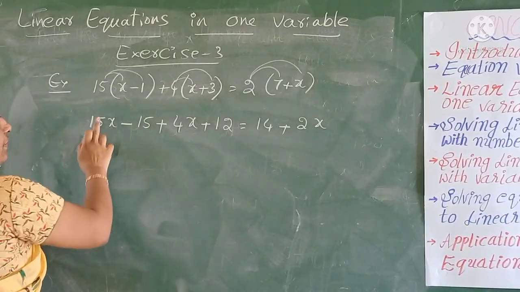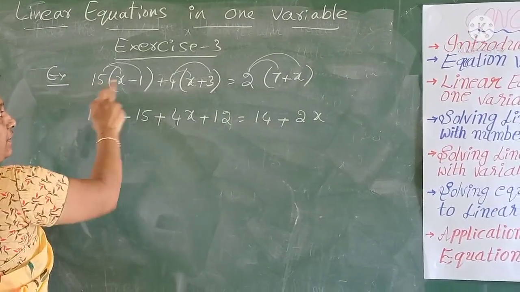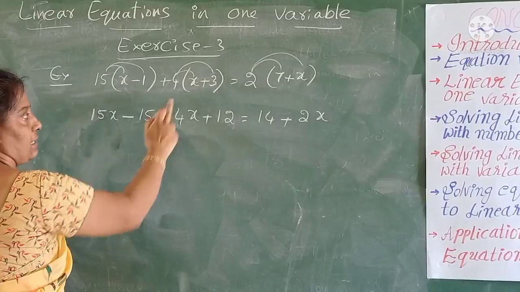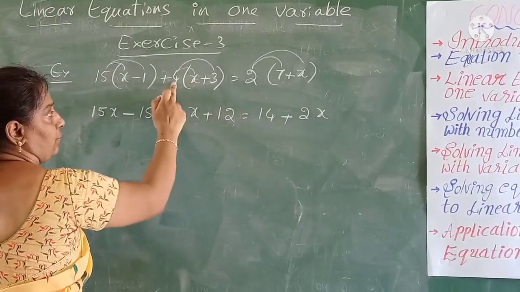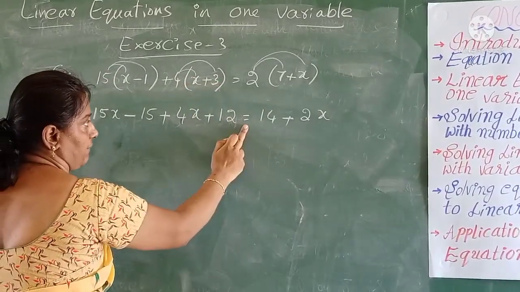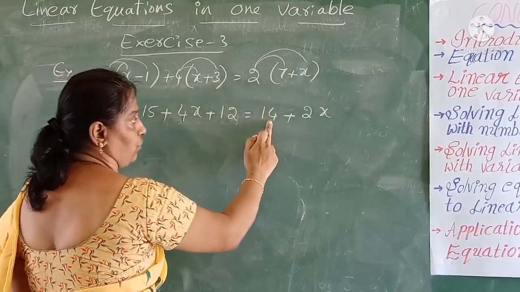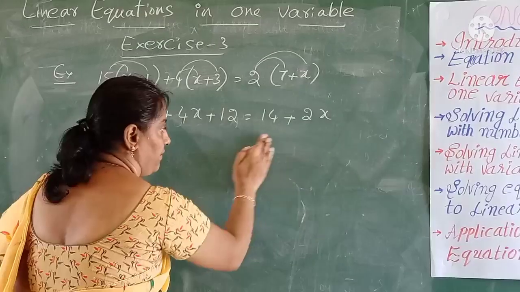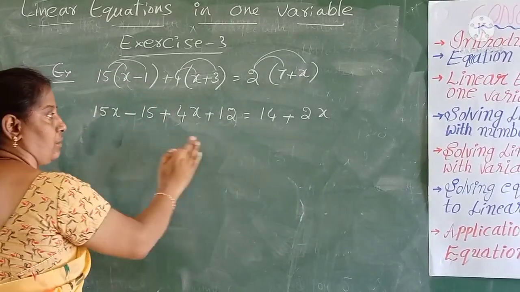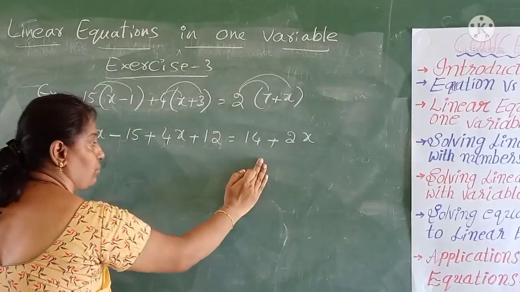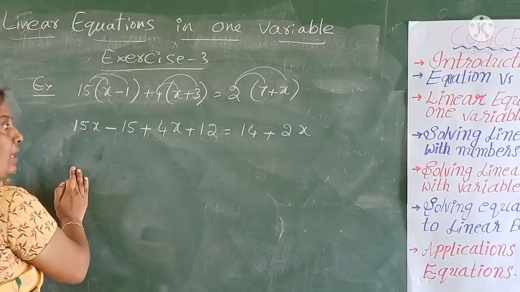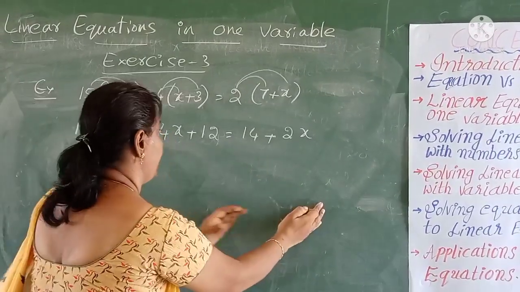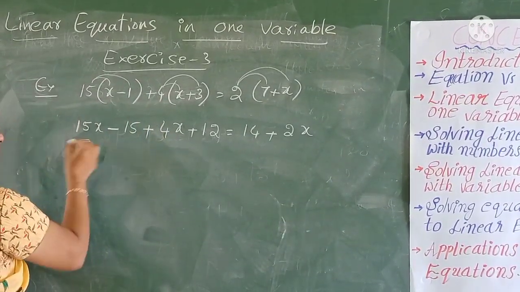So 15 into x, 15x, 15 into 1, 15, plus 4 into x, 4x, 4 3s are 12, is equal to 2 into 7, that is 14, plus 2 into x, 2x. Like the previous problem, all variables move to the left side, all constants move to the right side. What are the variables here?